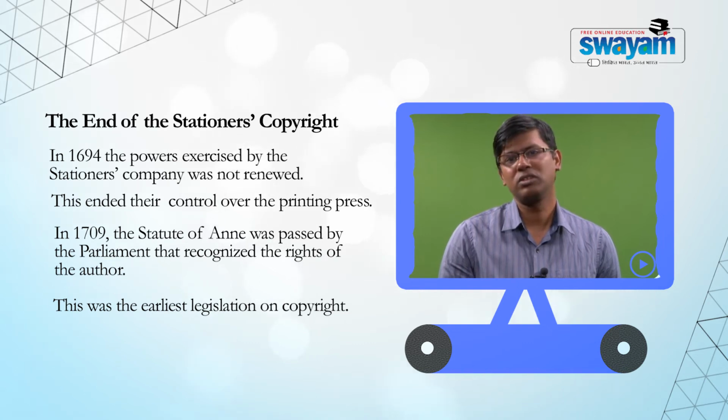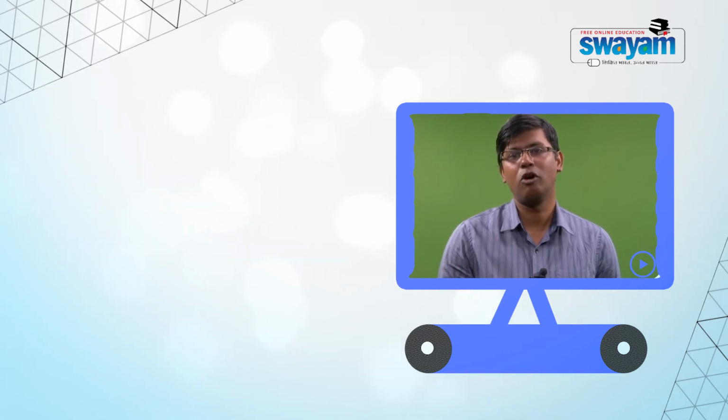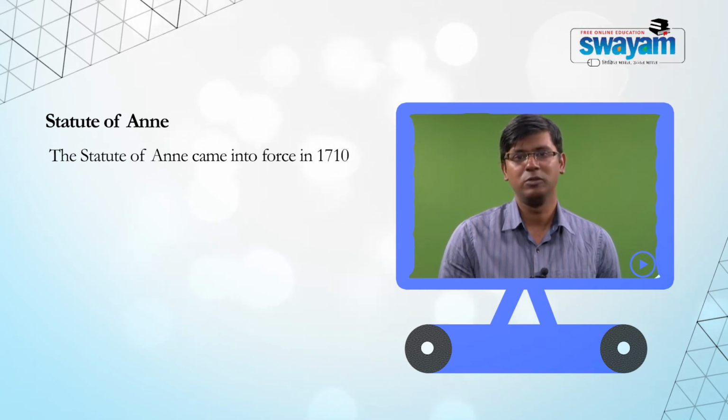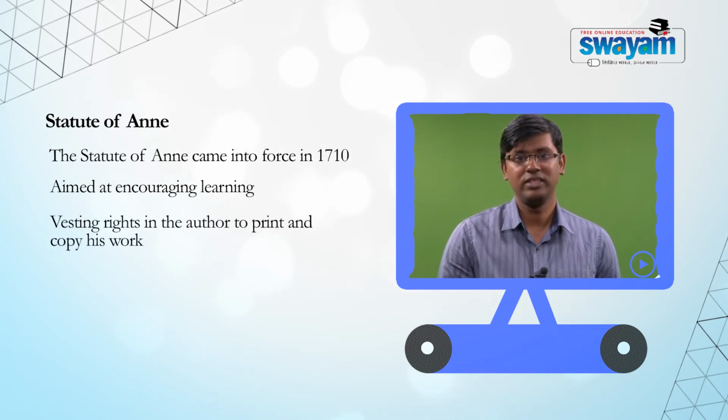Right? What was the form of the Statute of Anne? If you look at the Statute of Anne, it basically came into force in 1710. It was largely aimed at encouraging learning. It started to vest rights in the author to print and copy their own works.